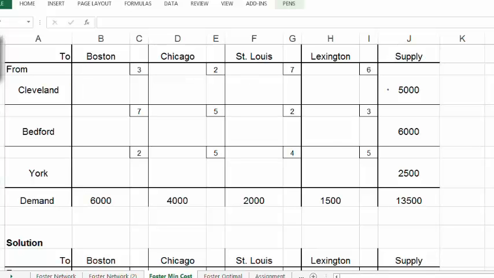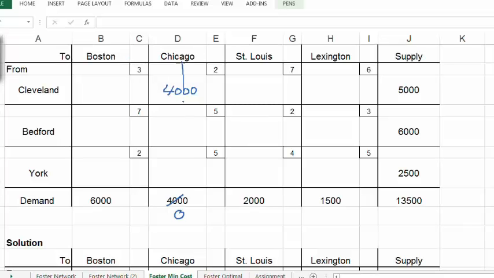Now Cleveland has 5,000 and Chicago needs 4,000, and like before, 4,000 is how many we're going to send to Chicago. Here we could cross this out and put a 0, saying we're done. Chicago is now receiving everything from Cleveland. It doesn't need to receive from other places.